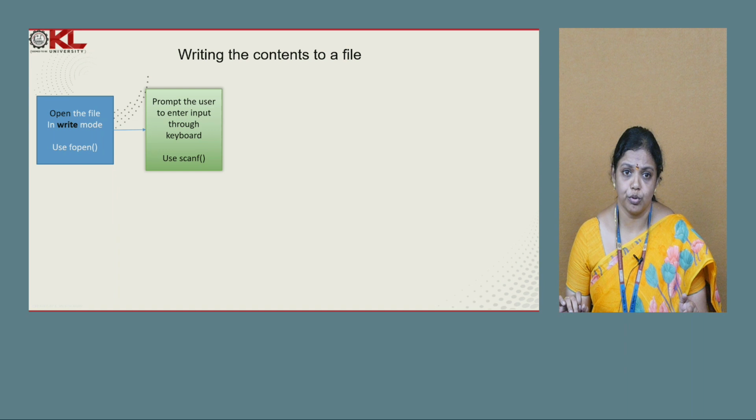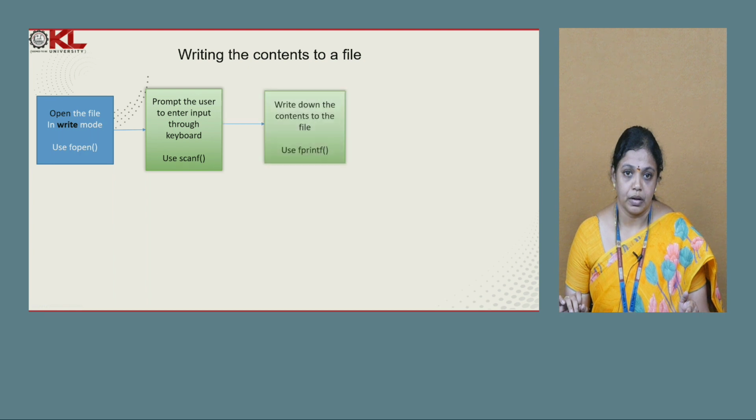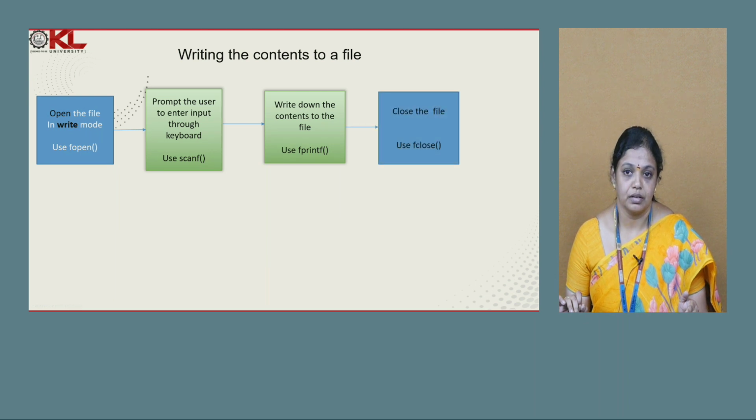The next thing is prompt the user to enter the input through the keyboard. Here we can use our scanf function, which will ask you to enter certain details and you will be entering the details through the terminal. Write down the contents to the file using the fprintf function, and finally close the file using the fclose function.